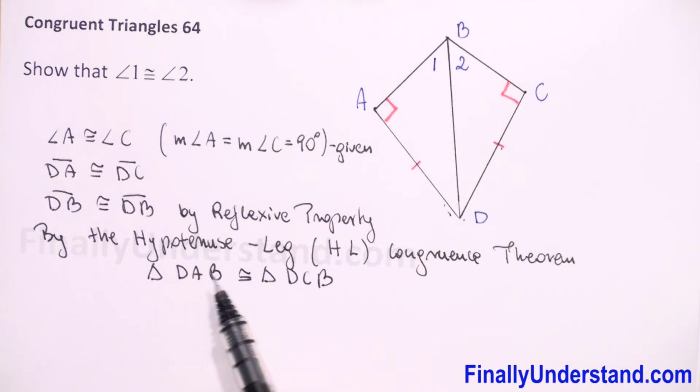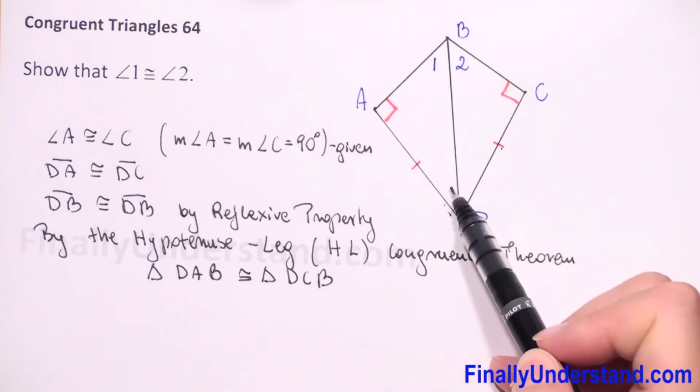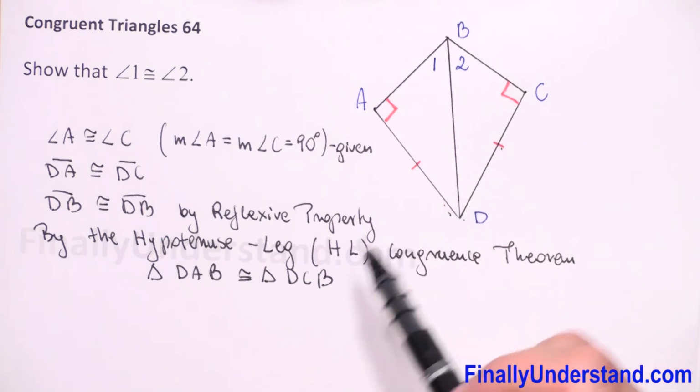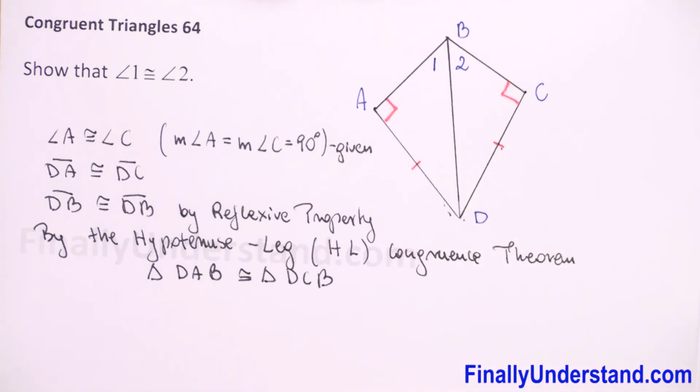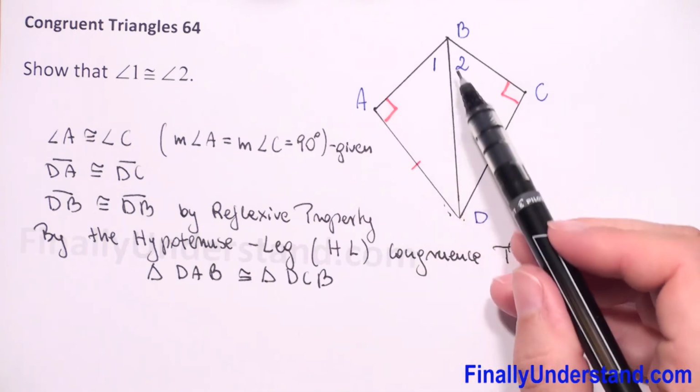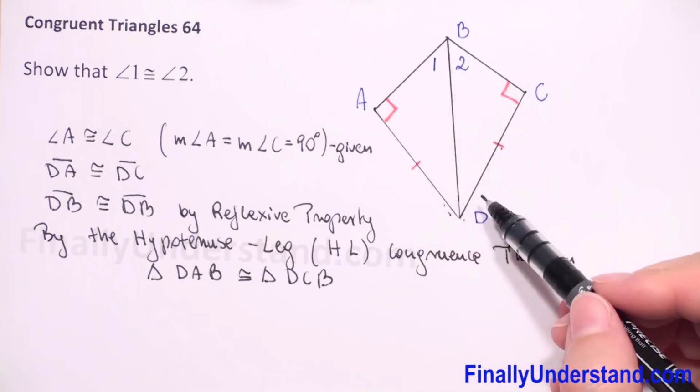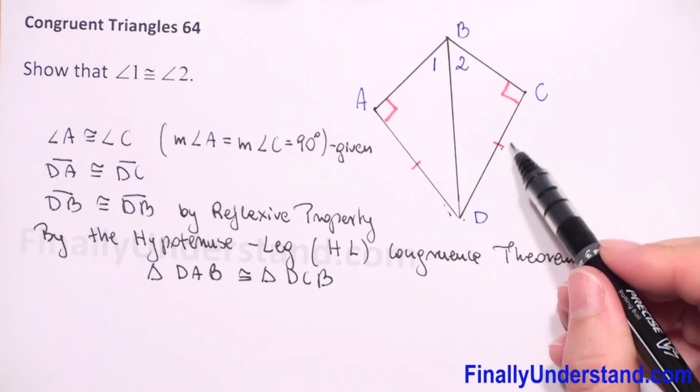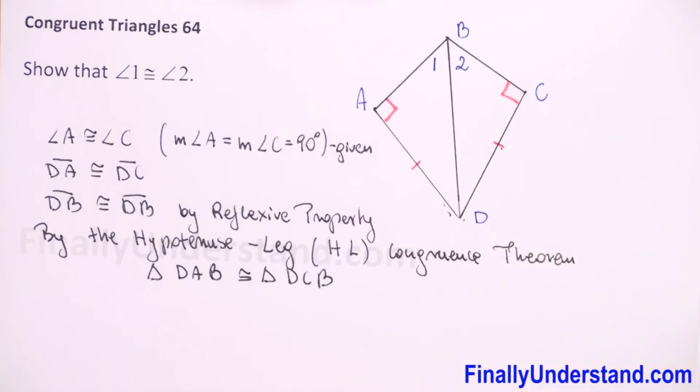If the hypotenuse and a leg of a right triangle are congruent to the hypotenuse and a leg of a second right triangle, then the two triangles are congruent.